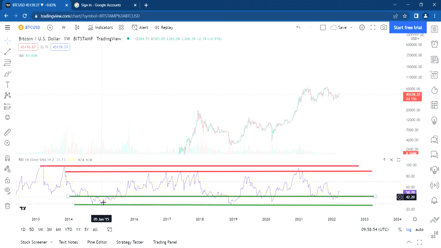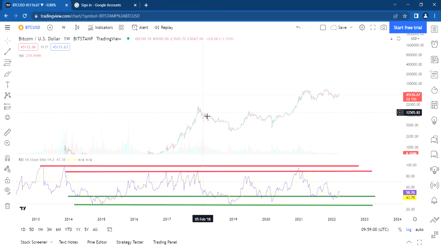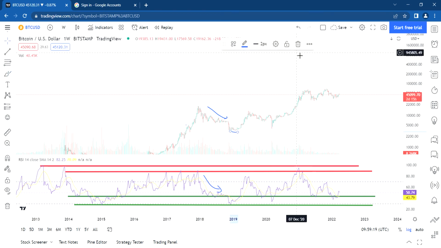So you're buying within this green range and selling within this red range, which would have saved you a lot of pain on the downside. So you're trying to avoid these big moves down by just buying here and selling here, just using a simple momentum indicator.